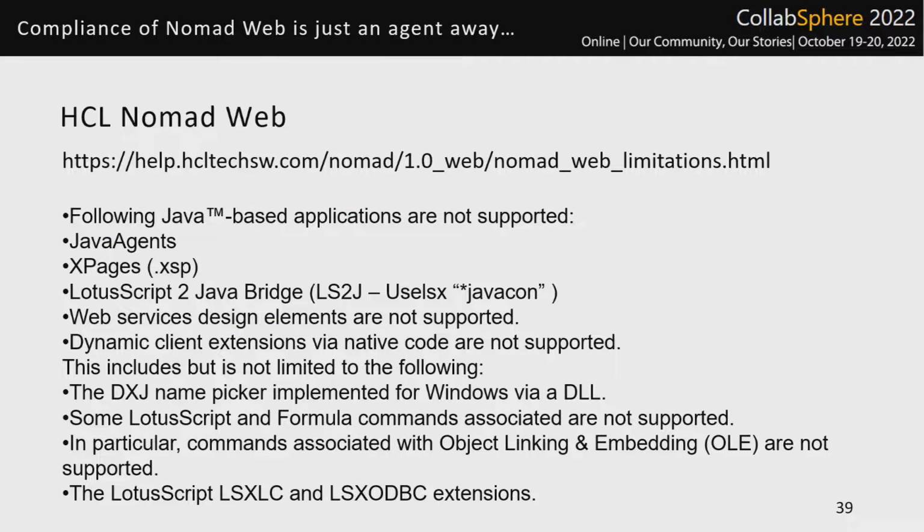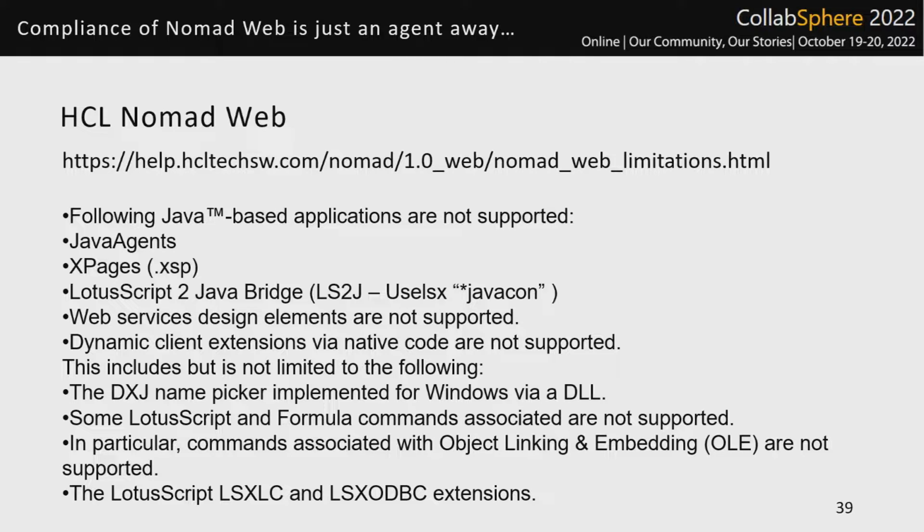As we find all the information about the properties of all the design elements, and we keep this information on the design element document and in the database document, we are able to find out the compliance of the database with the requirements for HCL Nomad Web.